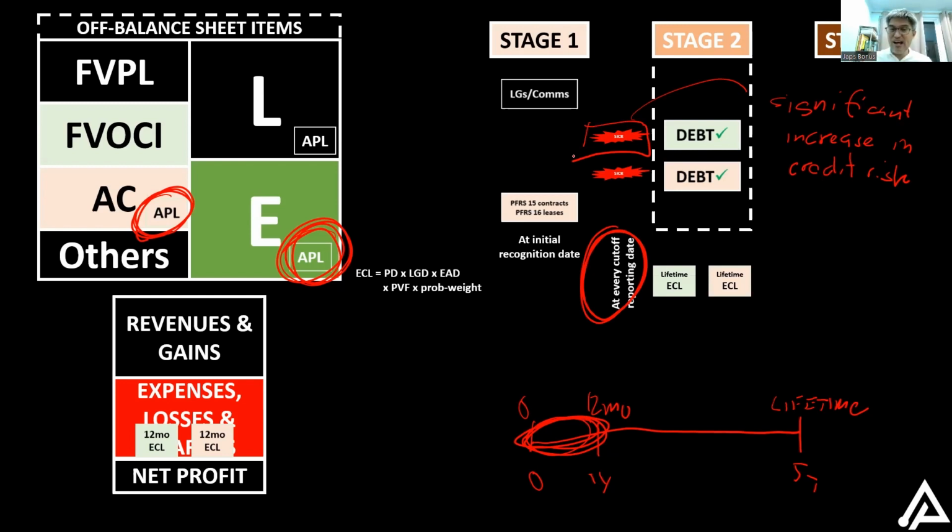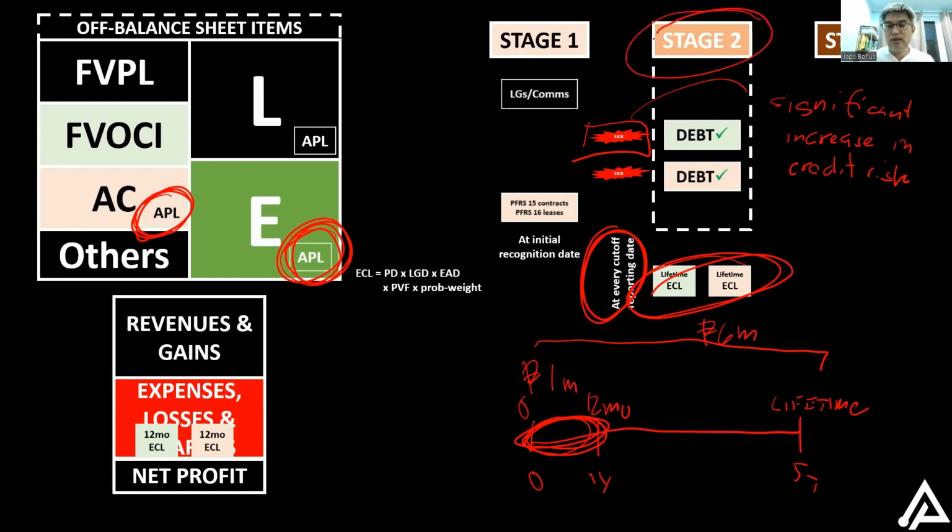Now, kanina, under stage 1, it's 12-month ECL. Ito lang yon, pwedeng 1 million pesos ang provision mo. Kung lifetime, it could be higher, pwedeng 6 million. And that's what's required by the accounting standard under stage 2. From 12 months, lifetime ECL na kailangan mong tingnan.